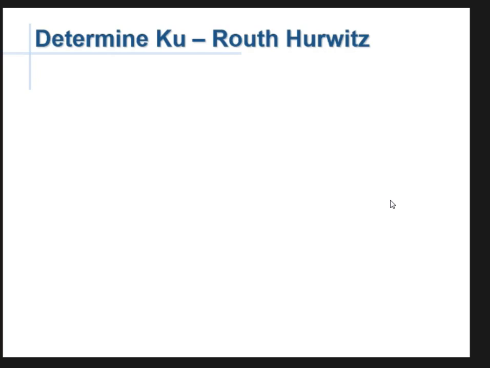So we usually ignore negative controller gains. KU is equal to 8 is the gain at which my closed loop system will become unstable.